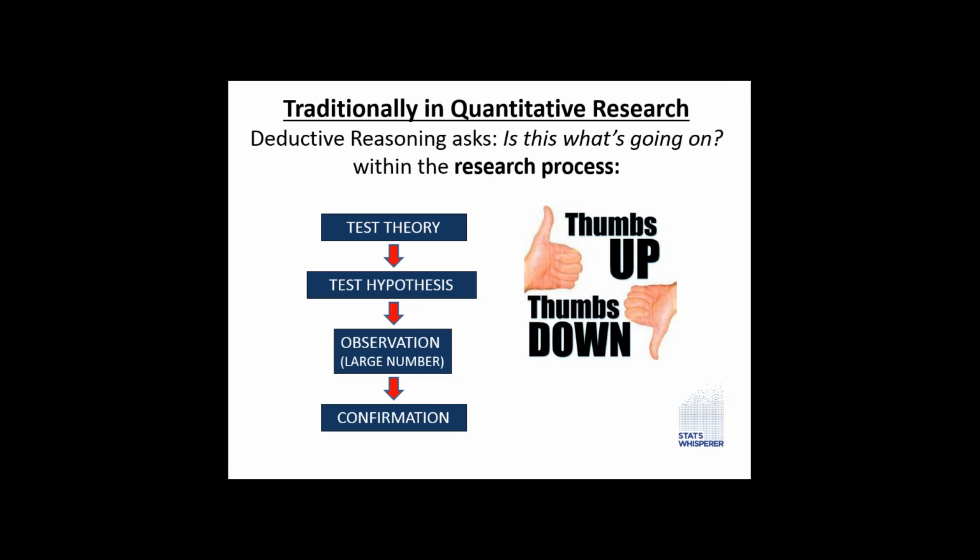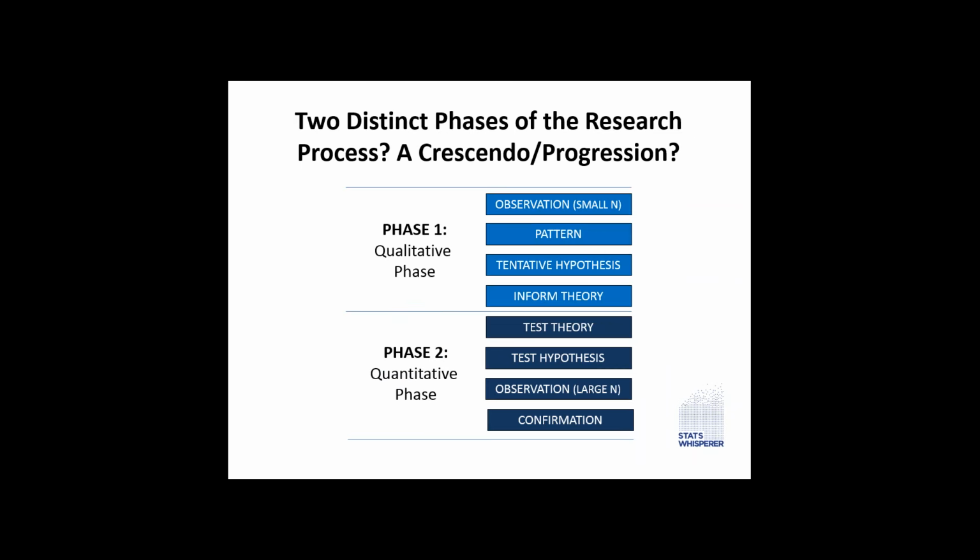Right? So if we put it together, this is what it looks like. Okay, so this is the classic, right, research process. Two distinct phases. A crescendo, a progression where phase 1 is qualitative, right, and then phase 2 is quantitative.